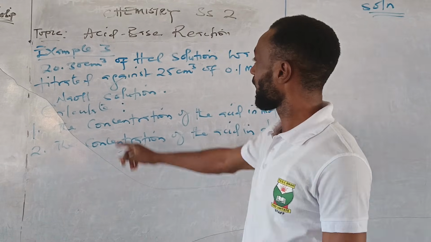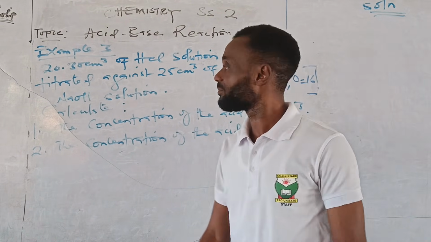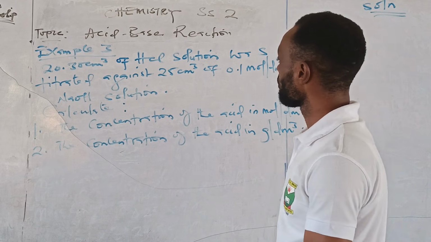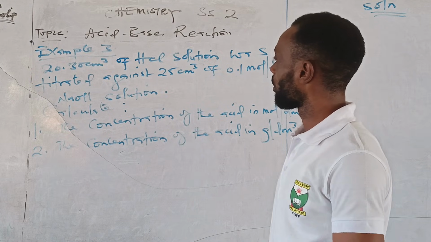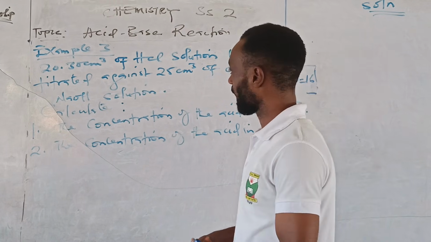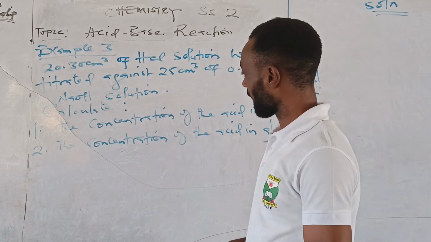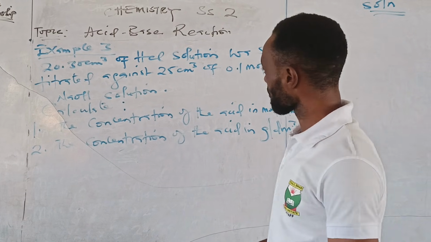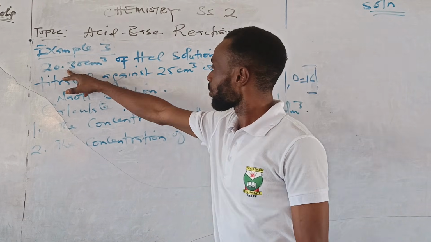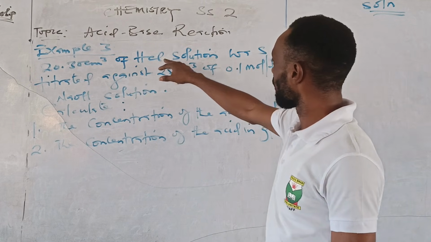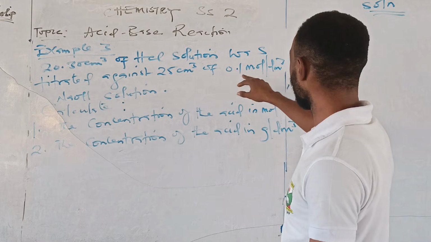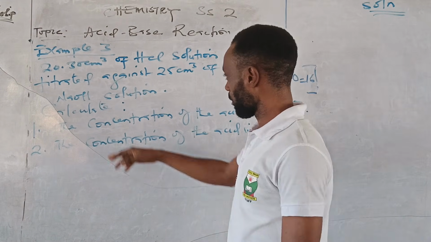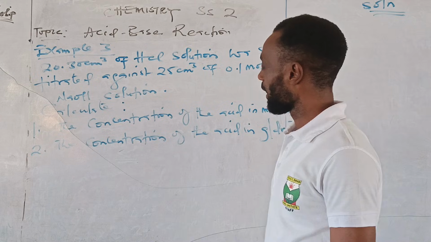Okay, again we have another example here, example 3. This has to do with the mole ratio formula, also known as the cover formula. Now the question before us says: 20.30 cm cube of HCl solution was titrated against 25 cm cube of 0.1 mole per dm cube of sodium hydroxide solution.